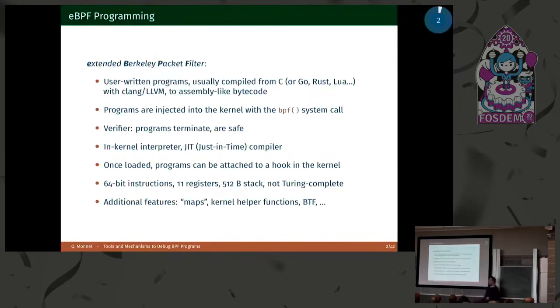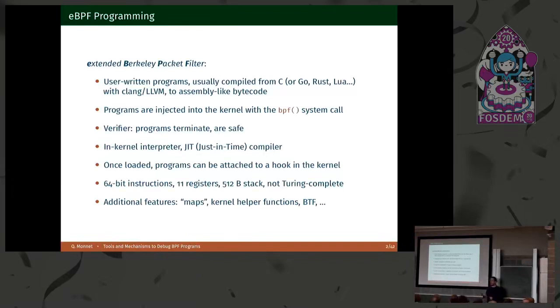So BPF is the extended version of Berkeley Packet Filter. You could use it to write your own programs, for example in C code, and then compile them into eBPF bytecode and inject that into the kernel, where it is verified in order to make sure that the programs are safe and that they terminate, to avoid security issues or crashing your kernel, this kind of small issue you want to avoid.